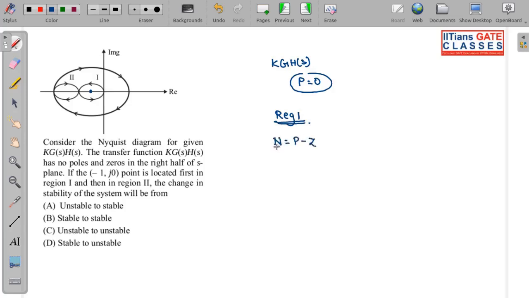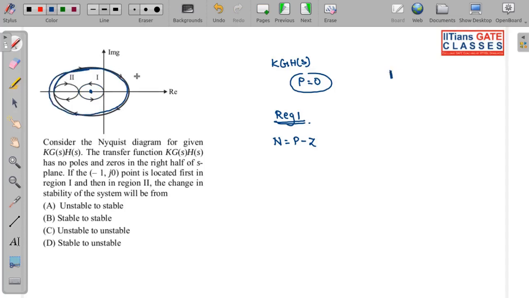So in this case, N is the number of encirclement around critical point in your anti-clockwise direction. So here you can see this one, okay, this encirclement. So this encirclement is in which direction? It is in your anti-clockwise direction. So that is +1. And this encirclement, there is one more encirclement of the critical point.